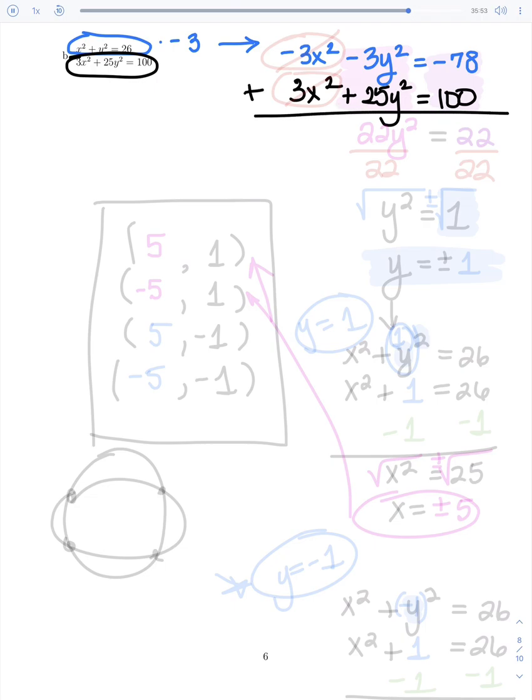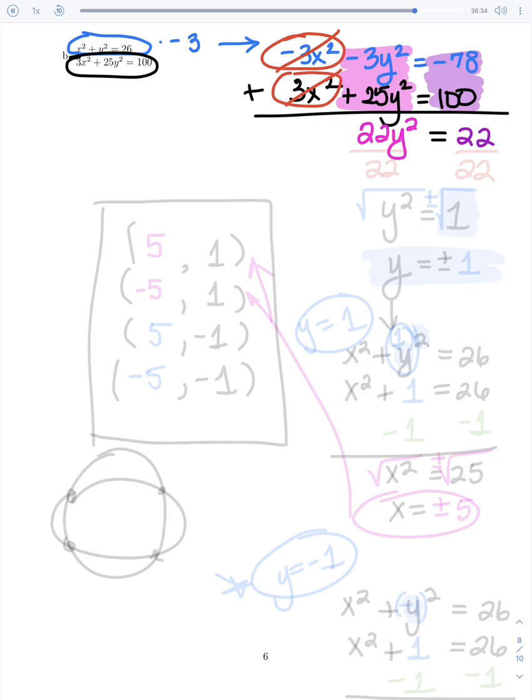The reason why this works out is because now we've got a -3x squared added to a positive 3x squared. Those will just cancel out and eliminate. Next, we have a -3y squared and a positive 25y squared, which when added together will get us a 22y squared equals, let's see, on the other side, we have a -78 added to a positive 100, which gets us a positive 22.